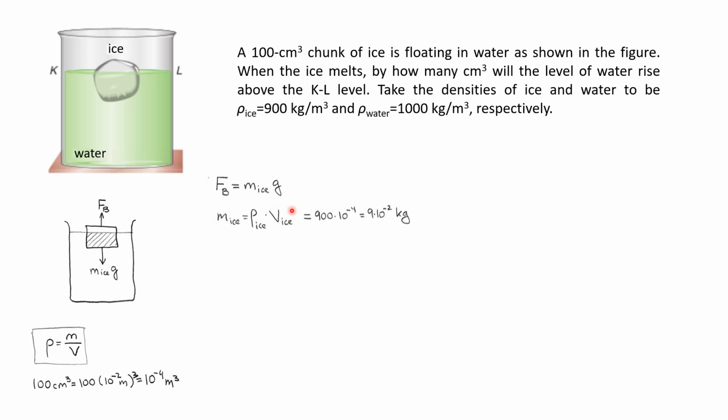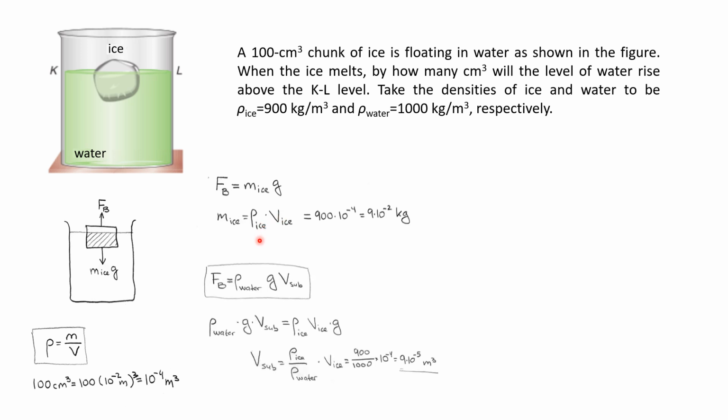And what is the buoyant force? Well, the buoyant force, a force exerted by the liquid on a floating object, is going to be equal to the density of the liquid times gravitational acceleration times the volume that's submerged under the liquid. So it's the volume that's displacing the liquid.